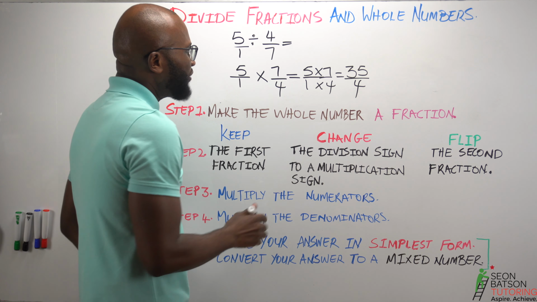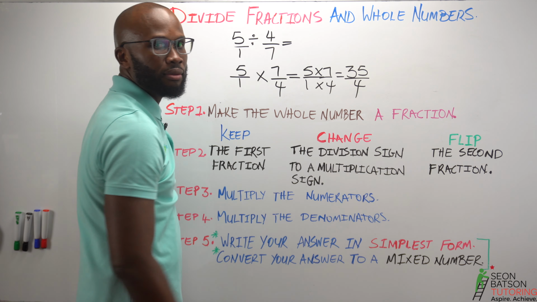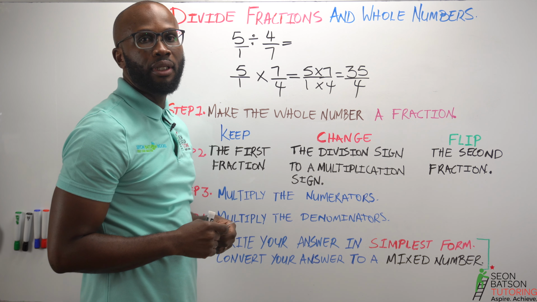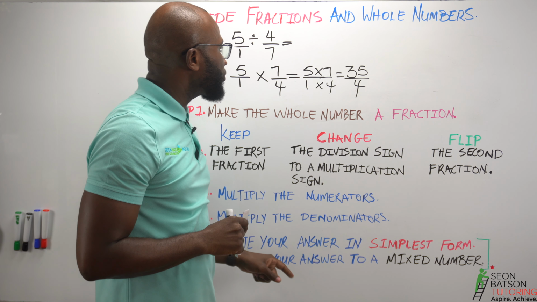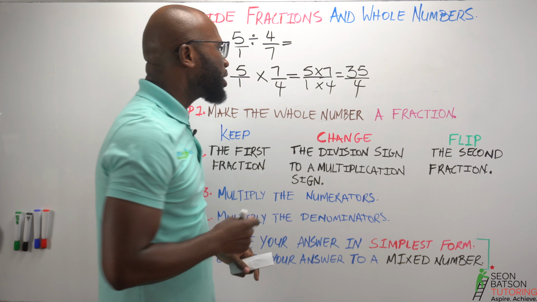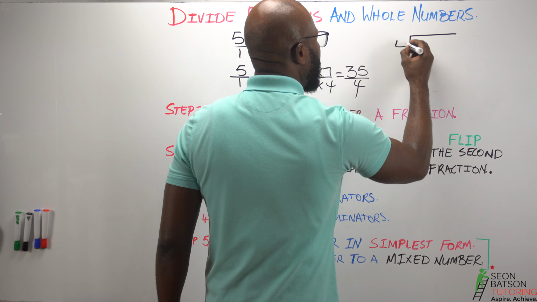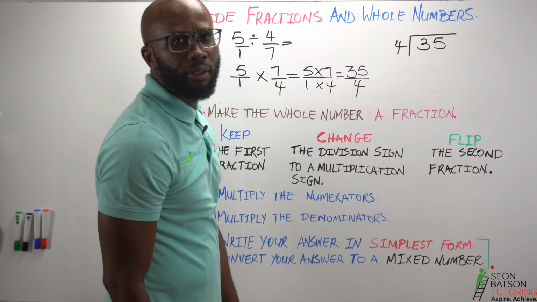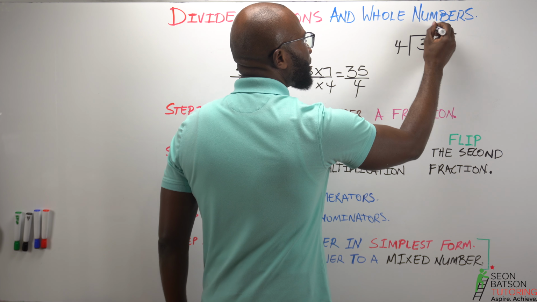Now, after multiplying our numerators and our denominators, we have an improper fraction. Yes, this is an improper fraction because the numerator is bigger than the denominator. Remember we said, if our answer turns out to be an improper fraction, we will convert it to a mixed number. To convert an improper fraction to a mixed number, you simply divide the numerator by the denominator. 4 goes into 35 how many times? 8 times.